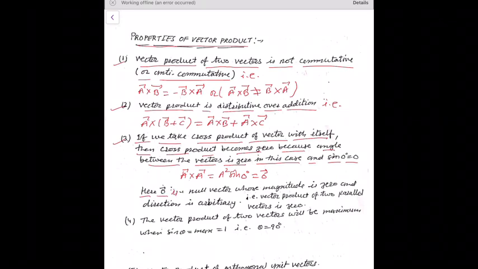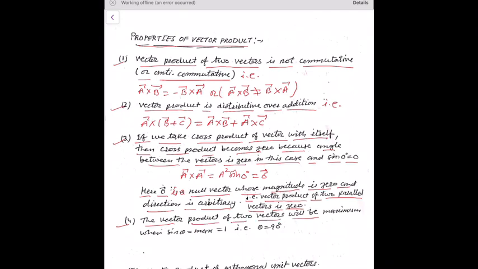Here 0 vector is a null vector whose magnitude is 0 and direction is arbitrary. That is, vector product of two parallel vectors is 0.